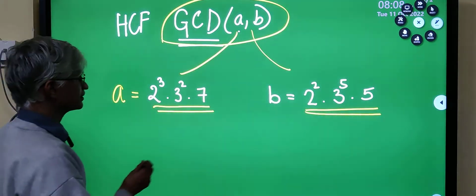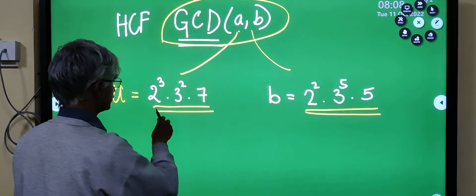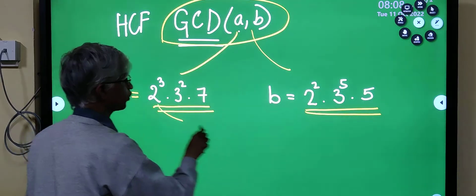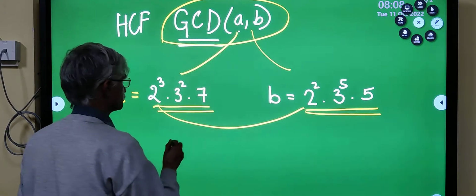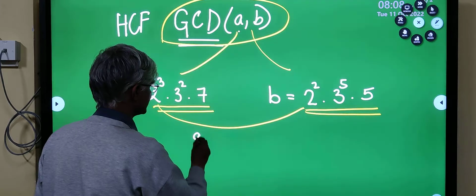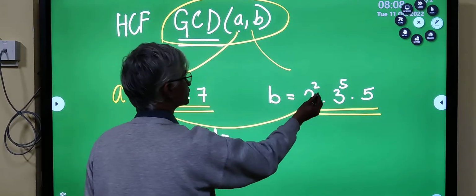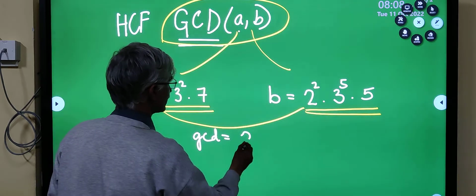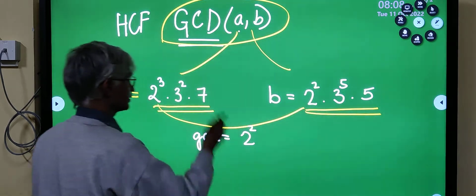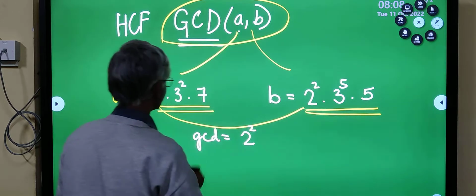Now, if you want to find the greatest common factor, you just need to look at all the common primes. So, for instance, in this case, the GCD will simply be 2 square and 3 square. You will have to choose 2 square, that is the minimum of these two coefficients.